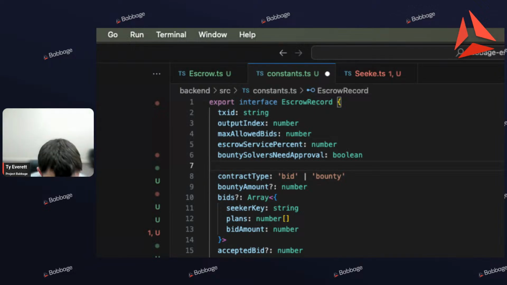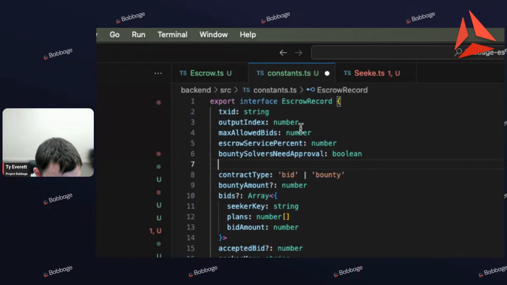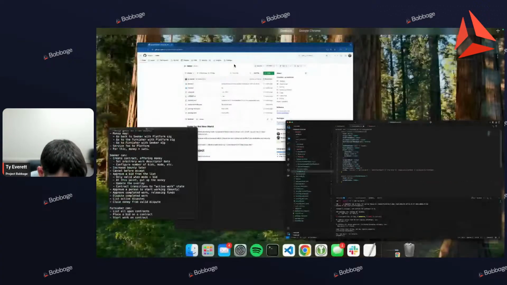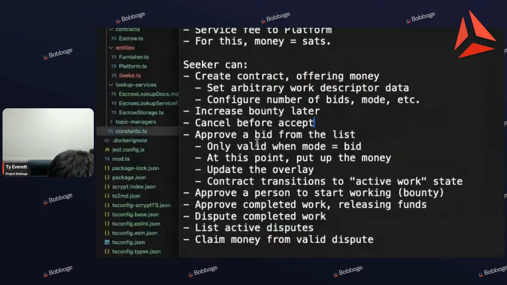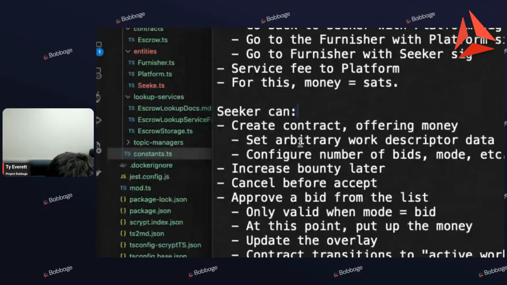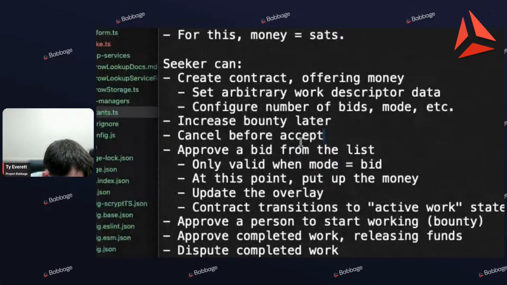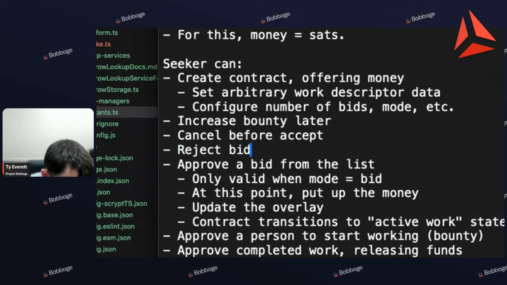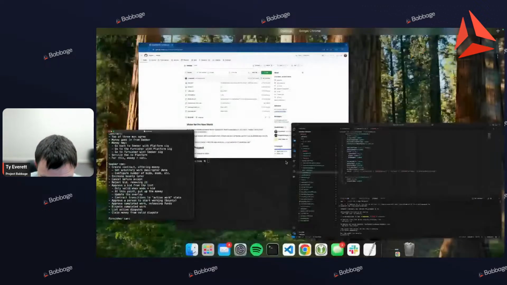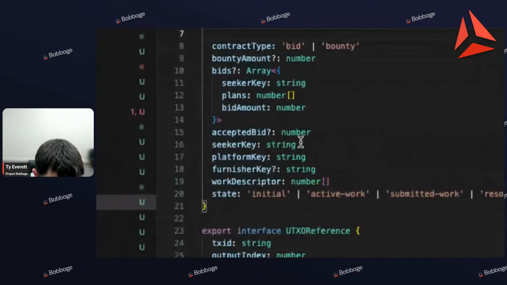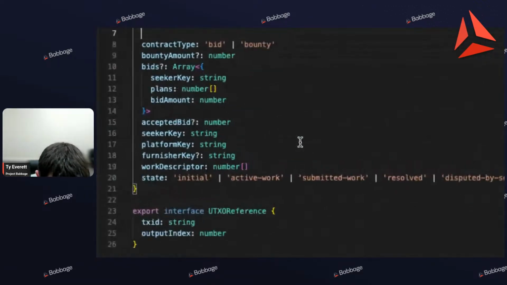Does that mean there should be a reject bid? And then you say, nope, it goes back to the initial state. Right, so reject bid or remove bid. Seeker can reject bids. Yeah. That's reasonable.